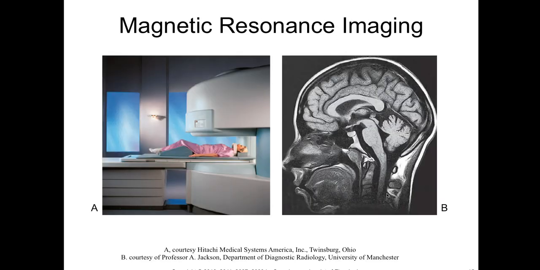And the other type of imaging that we're going to discuss is magnetic resonance imaging. This is also called an MRI, and it used to require that a patient be in an enclosed area, completely within the magnet, but you can see that it's now more open.